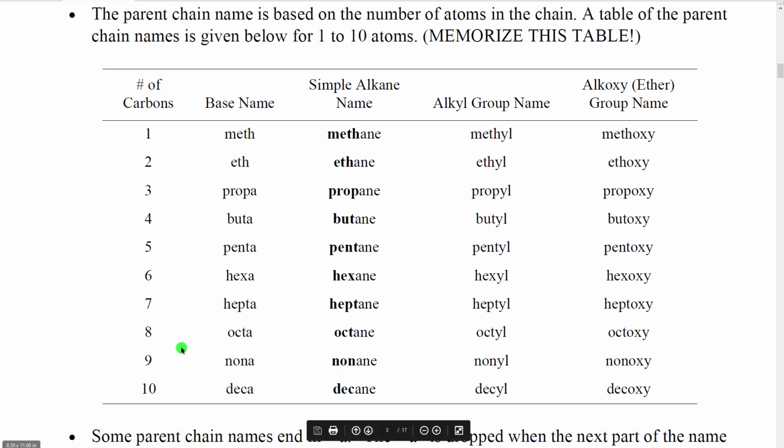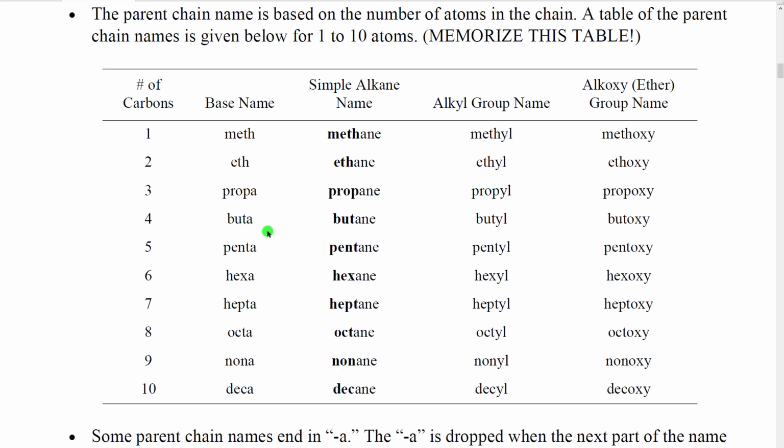These technically are the names of the parent chains, leaving out the unsaturations or the functional group. So you can see that 1 is meth, 2 is eth, 3 is propa, buta, penta, and so forth. The first 4 names are probably derived from common names that existed before the IUPAC system.